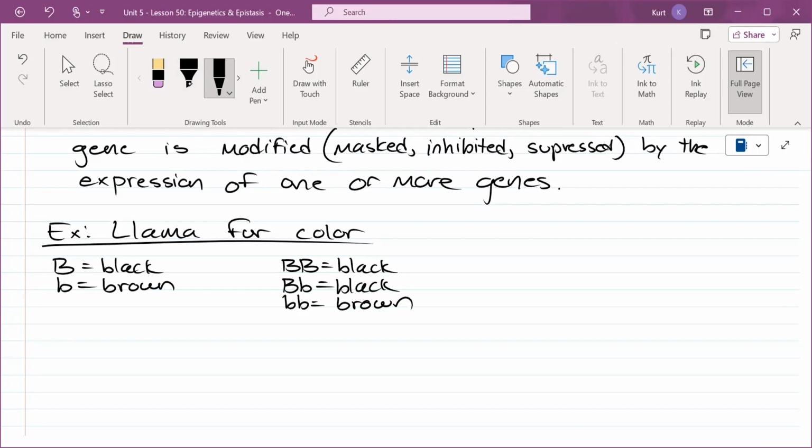Well, when it comes to fur color, the Bs, whether they be dominant or recessive, are controlled by a more influential gene. And we're going to call these the epistatic genes. This is going to be normal. And this is going to be mutated, which will result in no pigment, which is generally albino.